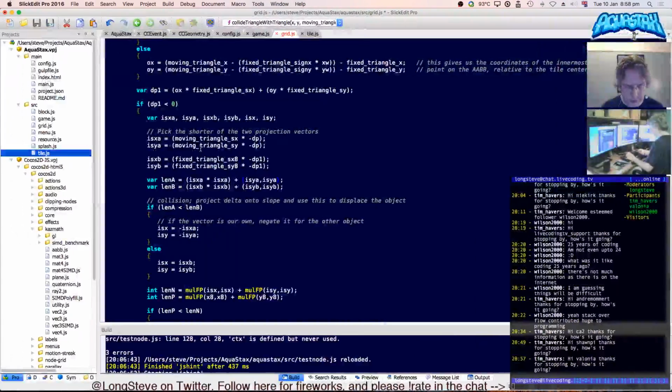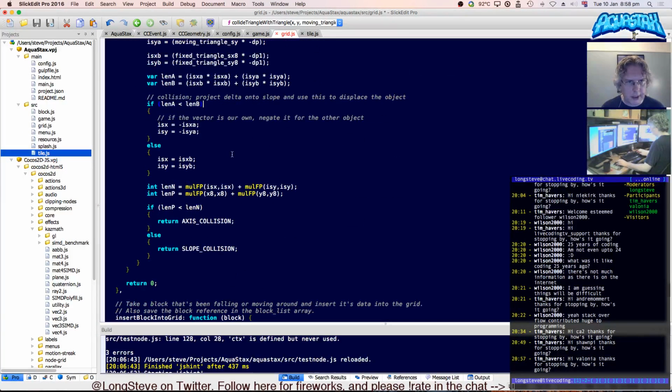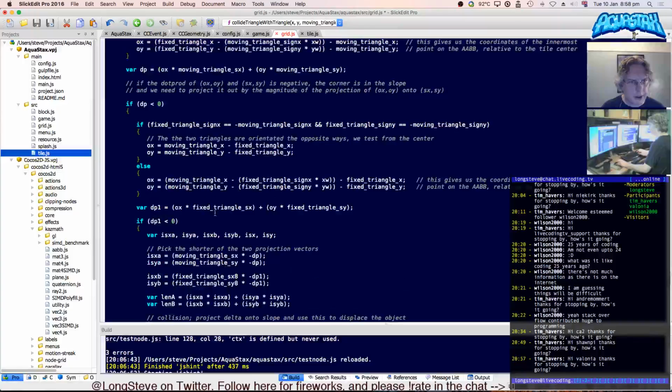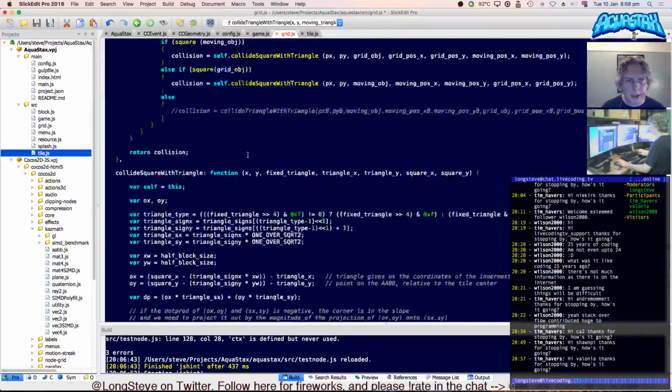I keep doing that. I keep hitting Control and arrow, and that shifts my desktop around. So that's that. Don't need the ints. Right, I'll return my collisions. Let's see.